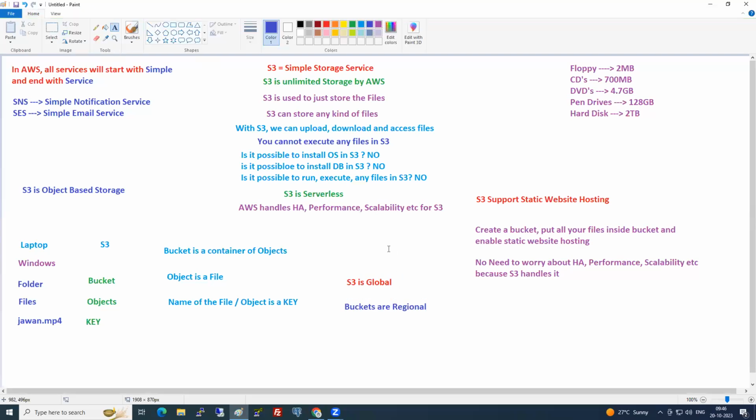Two important certification questions. S3 is global or regional? Global. Buckets are regional. So can you create a bucket in Mumbai? Can you create a bucket in Ireland? Can you create a bucket in Sydney? Yes, you can create buckets in different regions. But overall, the S3 service is global. Is it clear till here, everyone? Online?